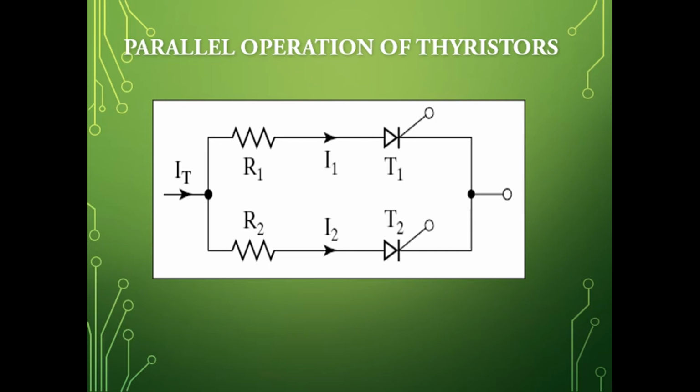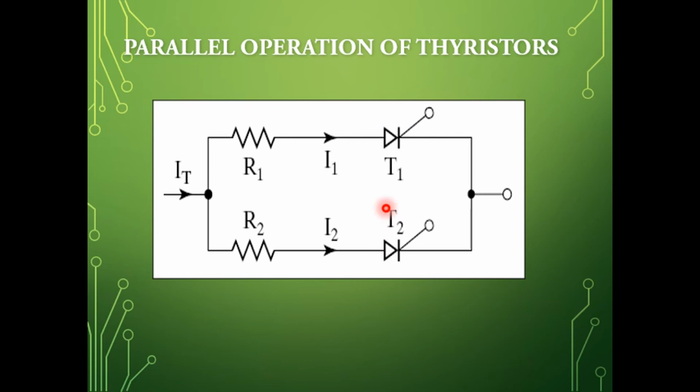In order to have equal current sharing among the thyristors connected in parallel, we connect a resistor in series with each. These resistances R1 and R2 will help in such a way that both thyristors T1 and T2 carry the same amount of current under the steady state condition.